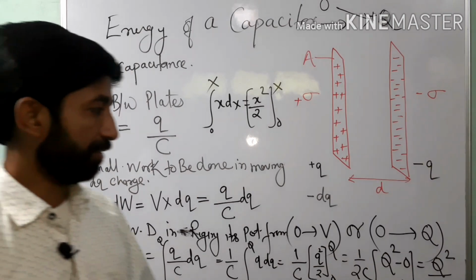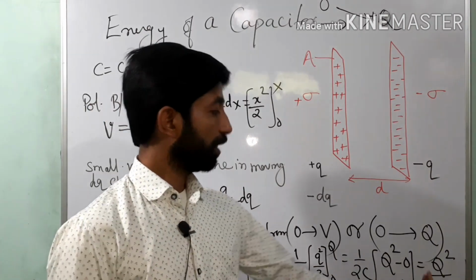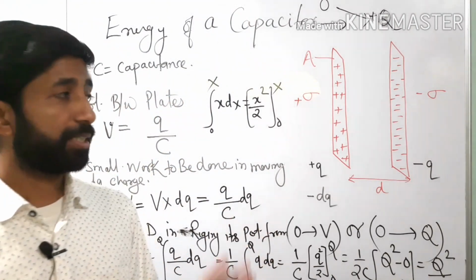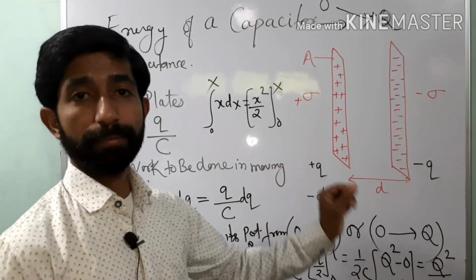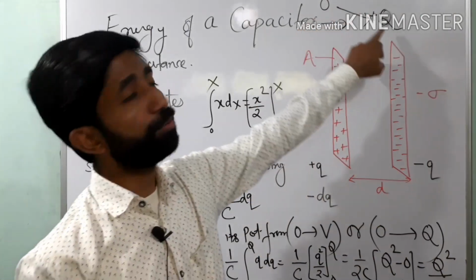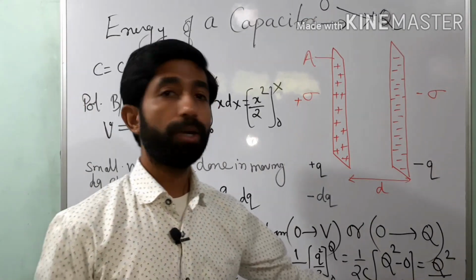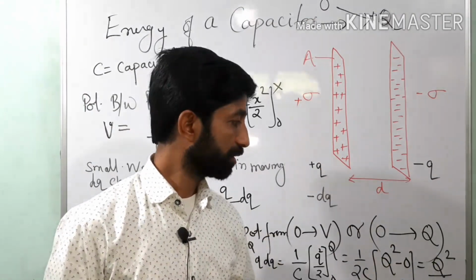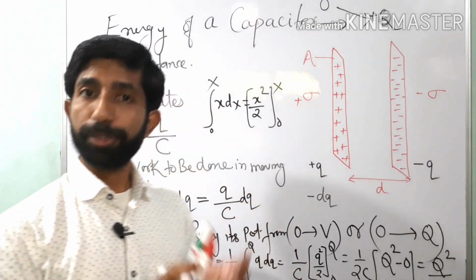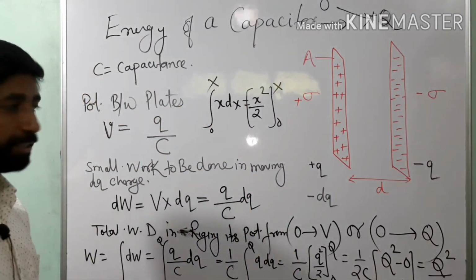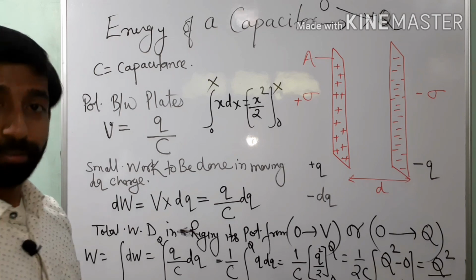So it is done. This is the total work done by some external agent to charge the capacitor from 0 to capital Q. And as per the definition, this work done is called the energy or potential energy or electrostatic energy of this device.